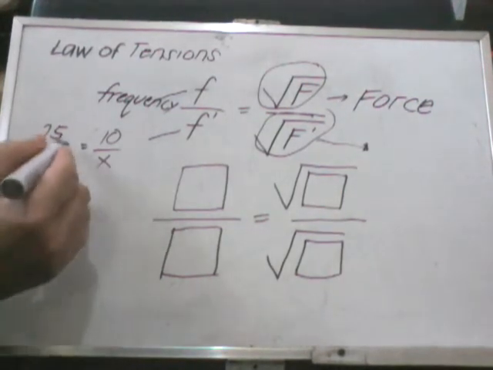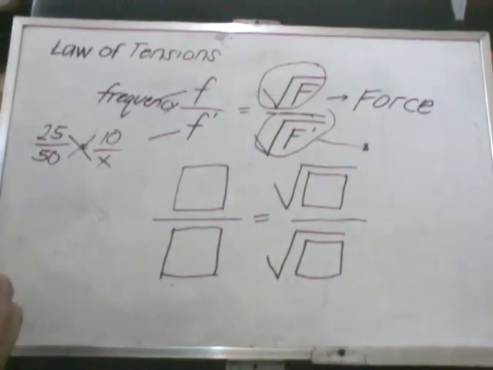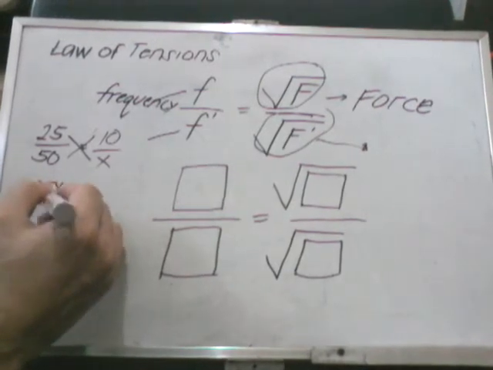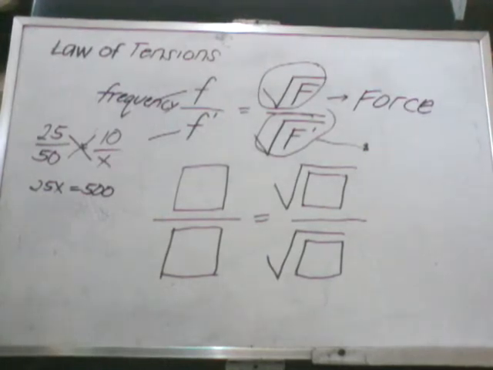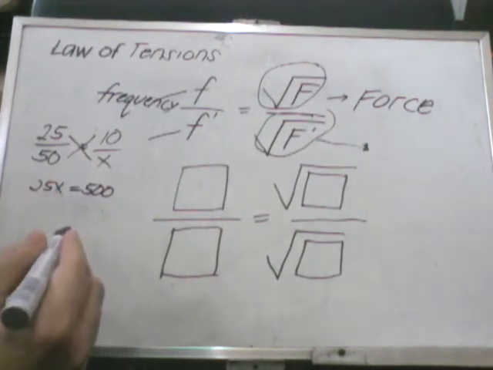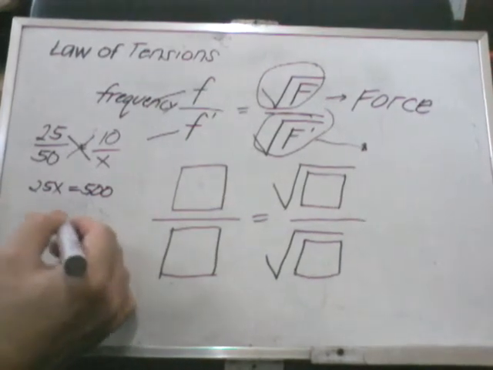So all we have to do is cross multiply to give us 25x and 500. And by transposition, we will get x.